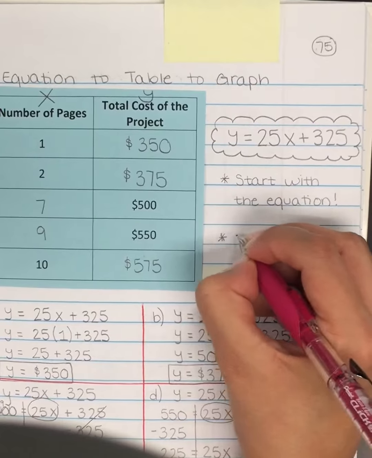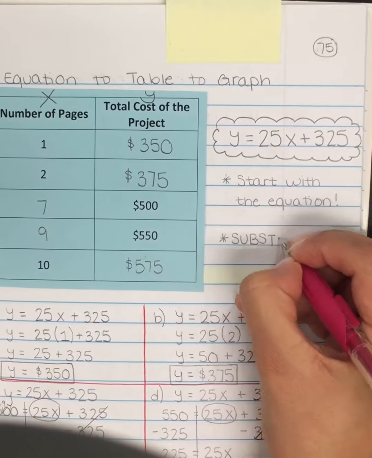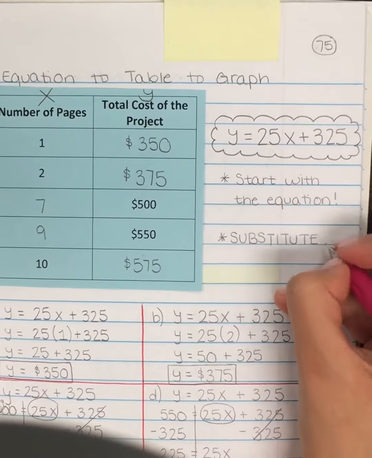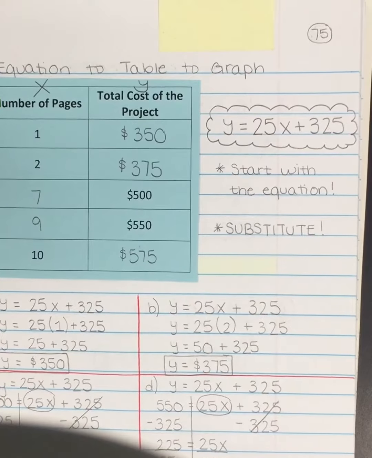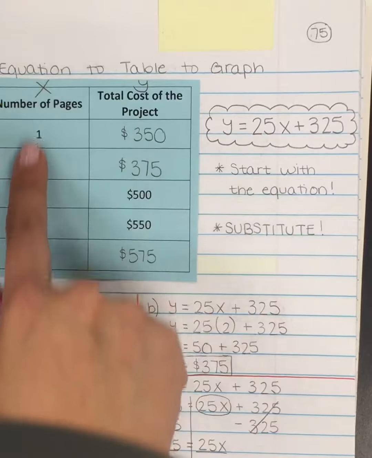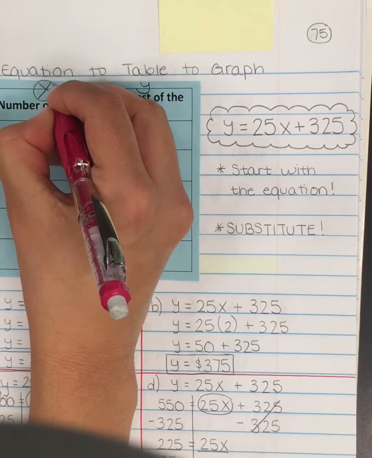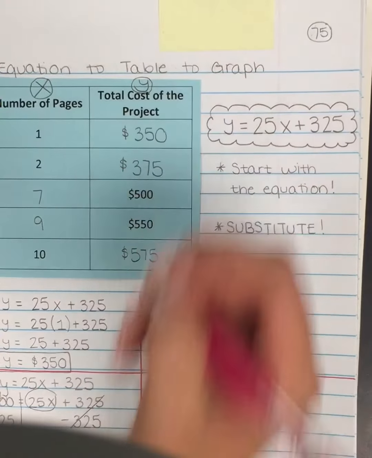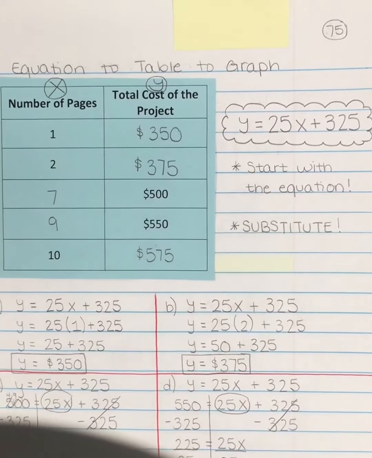And then substitute. And be sure that you're substituting for the correct value. If it's on the left, you're substituting it for x. If it's on the y, or if it's on the right, you're substituting it for the y value in the equation. And then you just solve for the missing variable and then add that to your table.